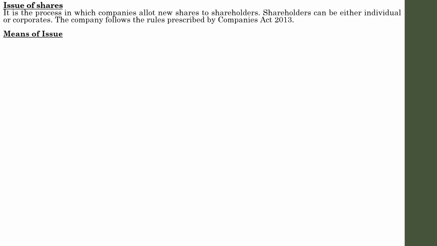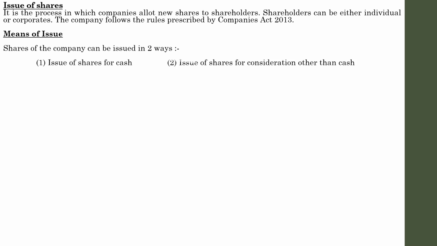Next one, means of issue. Means of issue means how, or what are the ways through which a company can issue their shares. There are mainly two ways through which a company can issue their shares.